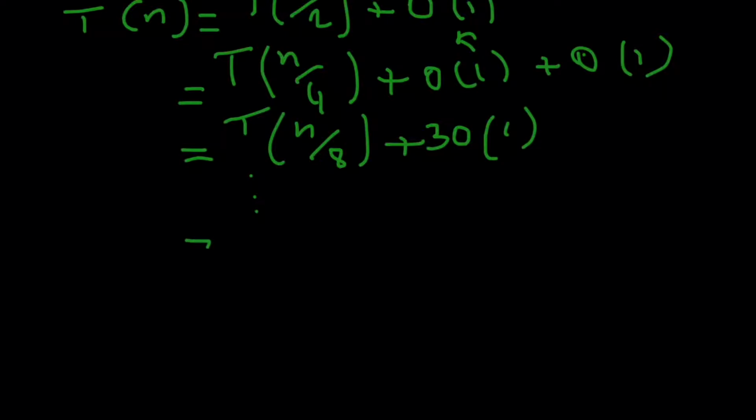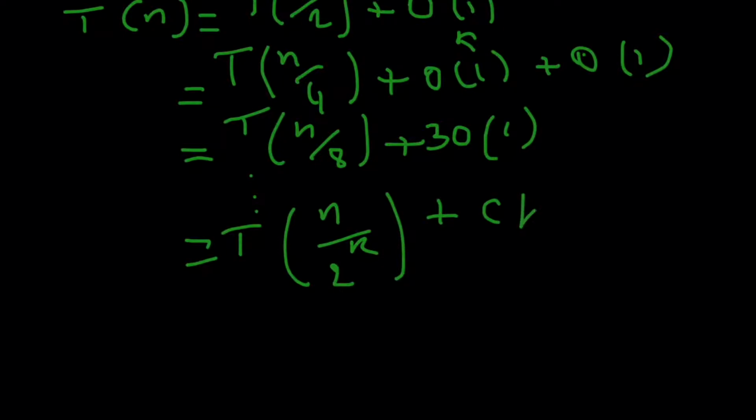And we can go down, and at the end we can find that this is just T of n divided by 2 to the power of k plus ck, okay?